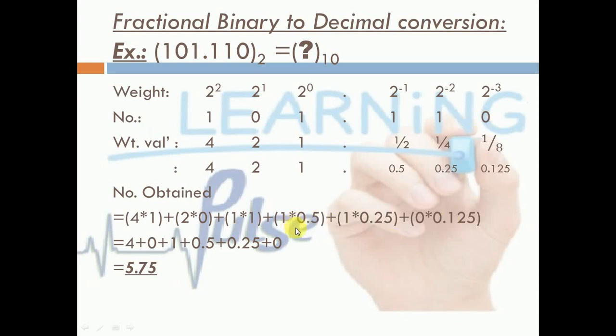And after calculating the products, we are just adding them, and after adding we get the final result as 5.75. So the decimal value of the binary number 101.110 is 5.75.